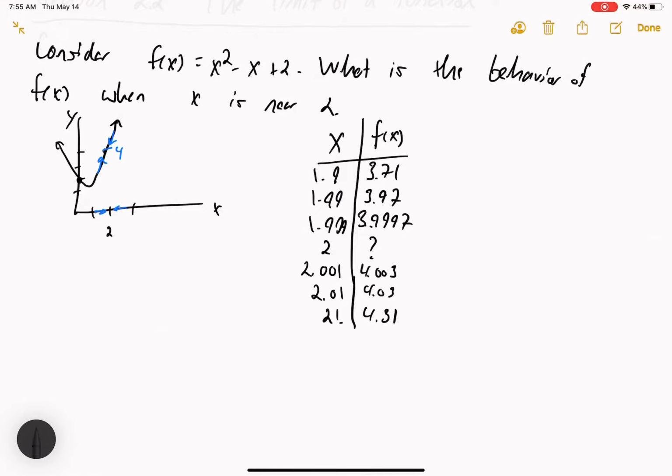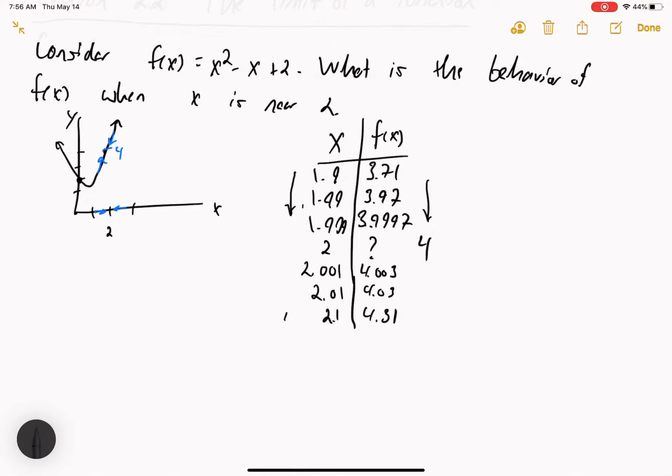So what we see is that as we get closer and closer to 2 from below, 1.9, 1.99, the values get closer to 4, including on the graph. It's not there yet.